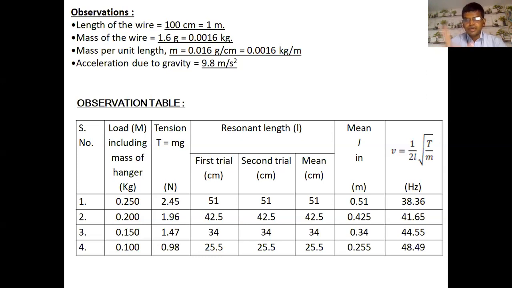So friends, for practical numbers 1, 2, 3, 6, and 8, click a photo of the table and send it to me personally as proof whenever you return the practicals.